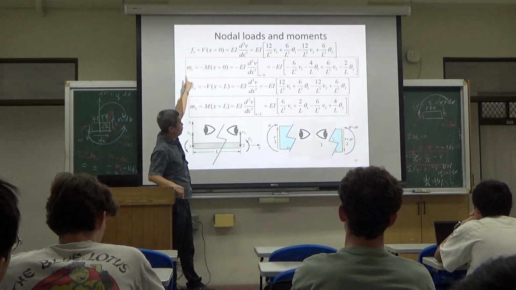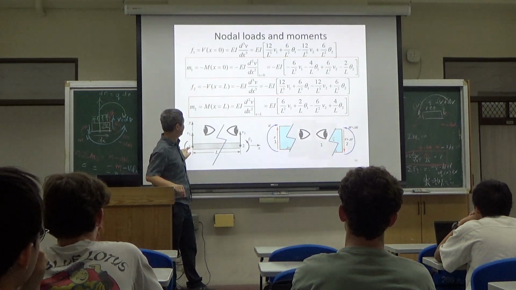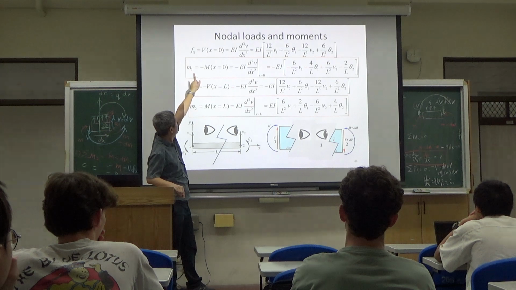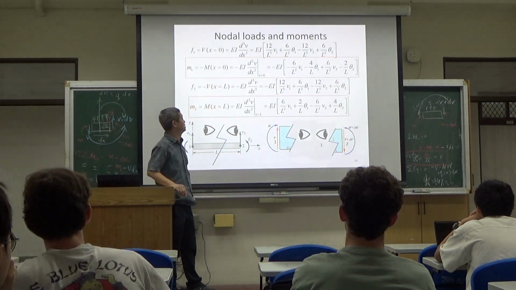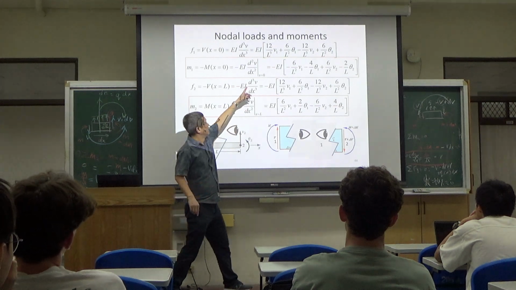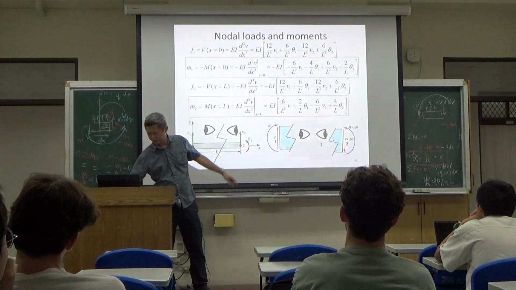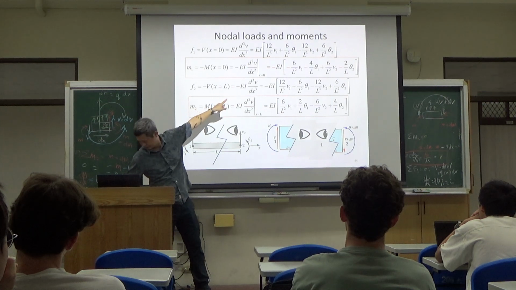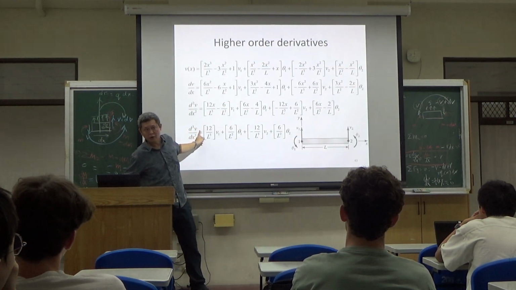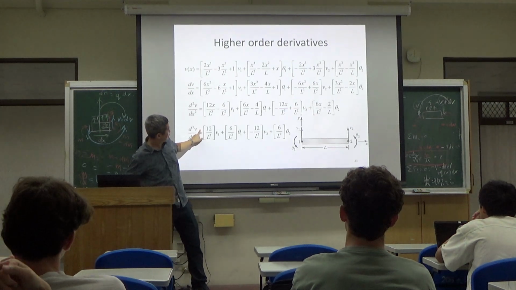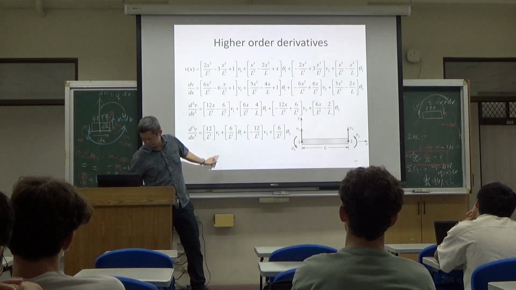Force F1 is the force on my left hand side of the element. Vertically upward, it is EI times the third order derivative of vertical displacement. It is obtained as these expressions. You got this expression from the third order derivative. Do that substitution.